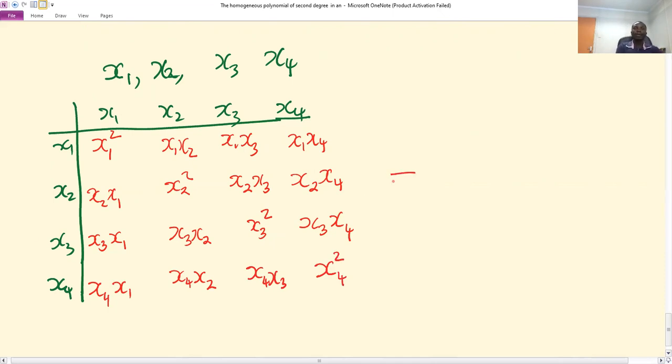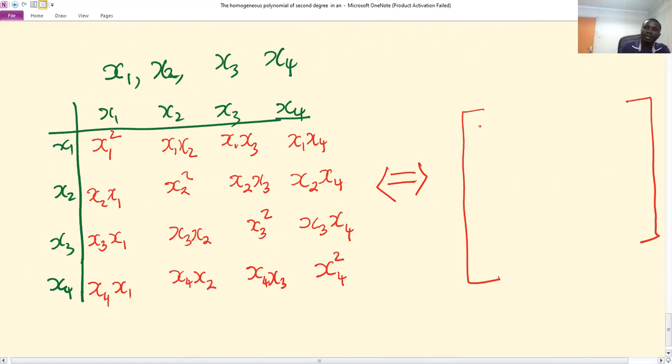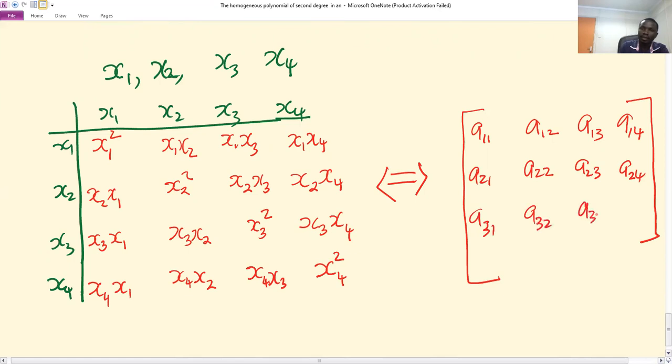Now, if you compare this correspondence and the way we label a 4 by 4 matrix, so this is A11, A12, A13, A14, A21, A22, A23, A24, A31, A32, A33, A34, A41, A42, A43, and then A44.